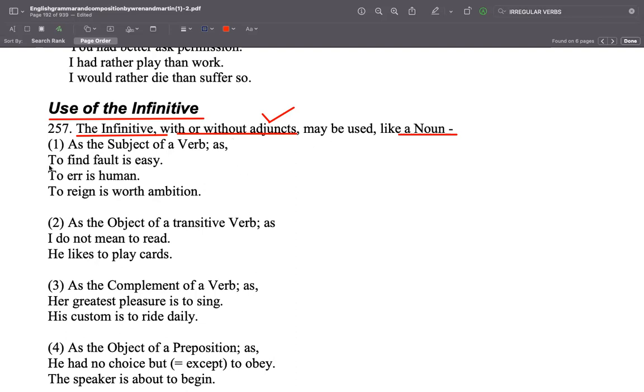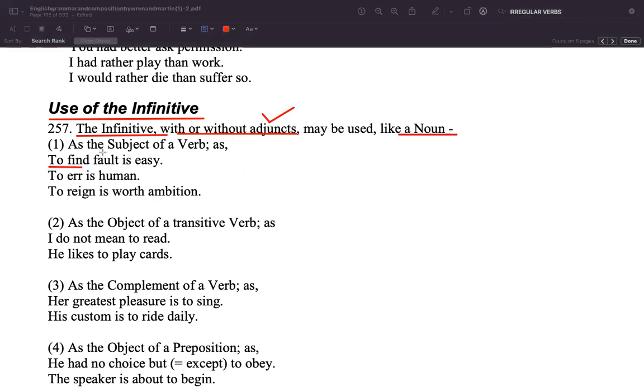You don't need to say that having to find fault is easy. You simply write to find fault is easy. So the infinitive can be used as a subject of a verb, like to find fault. To find fault is easy.